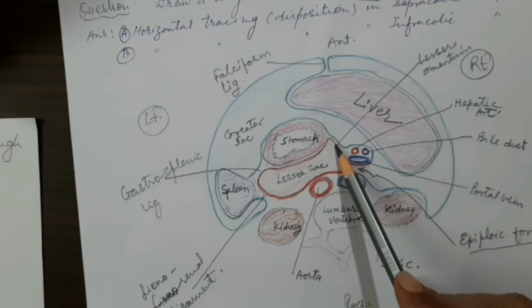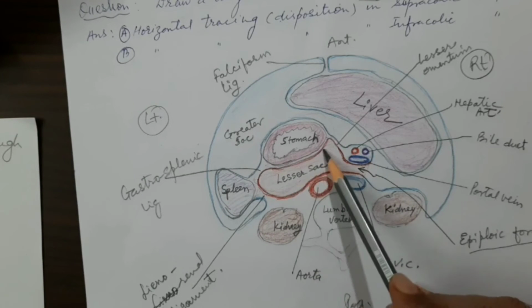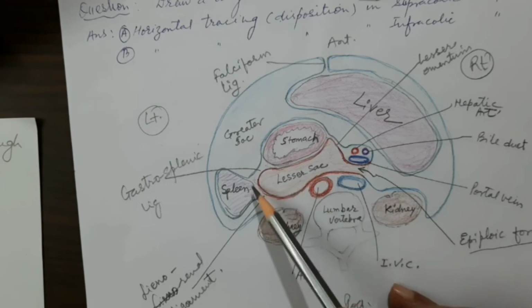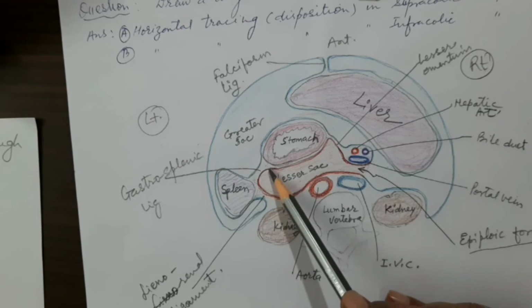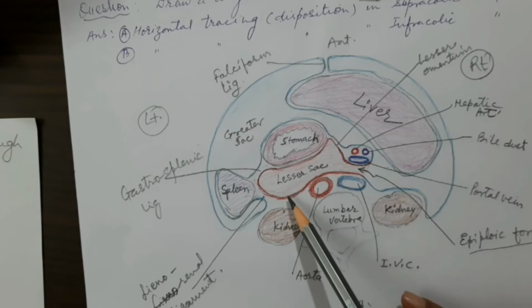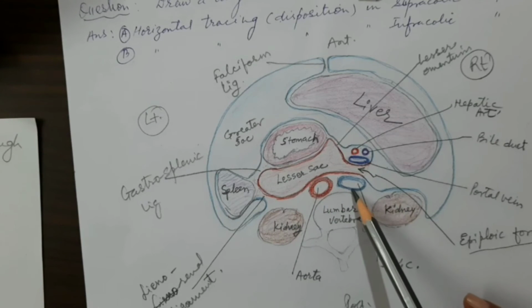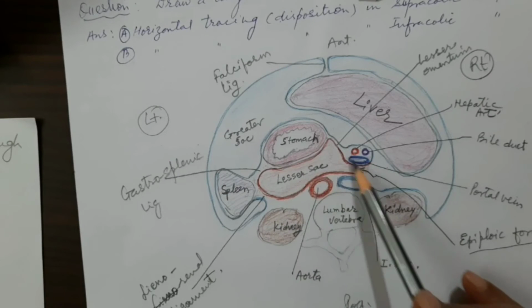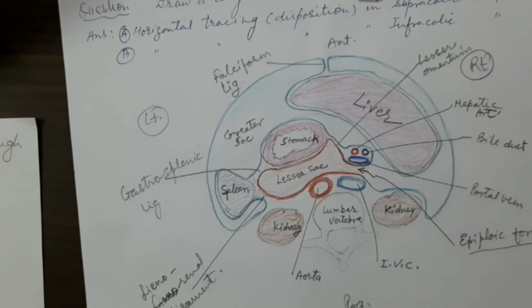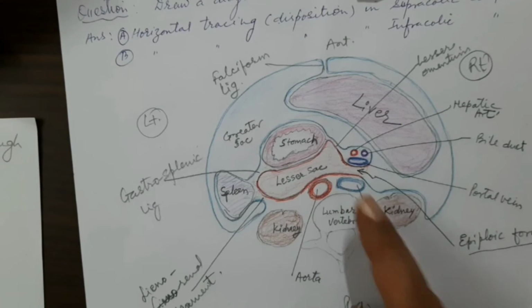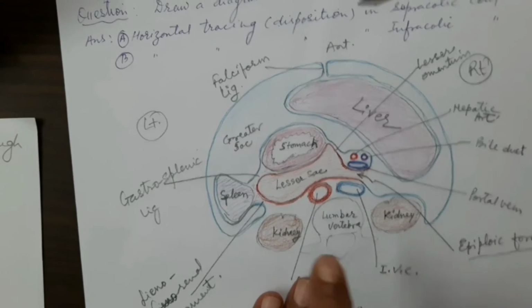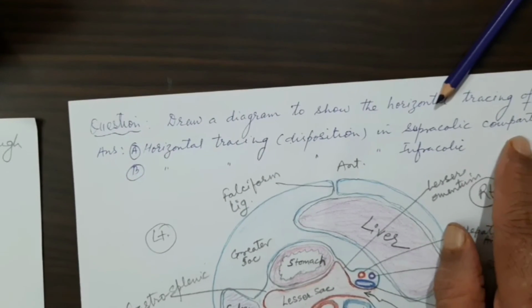Then it is bounded by the lesser omentum till the lesser curvature, then by the posterior surface of the stomach, and on the left side by the two ligaments, gastrosplenic and lieno-renal ligament, and posteriorly where it is covering the anterior aspect of the kidney, aorta, and then the inferior vena cava. So these are the boundaries of the lesser sac in the supracolic compartment, at the level of the spleen. So this is the epiploic foramen. This is the horizontal tracing in the supracolic compartment.